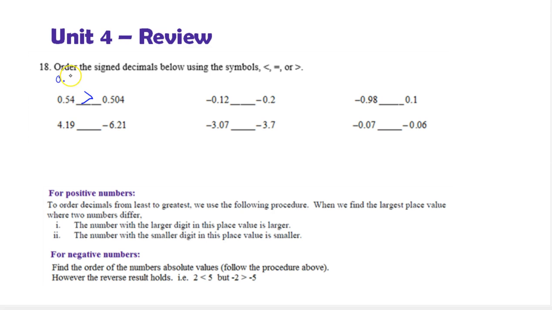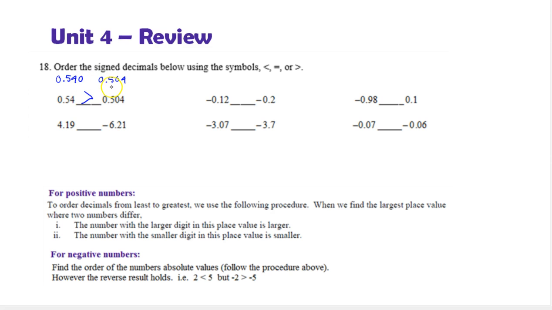Okay, and just to show you, you may think, well, 54 is smaller than 504. If we wrote them with the same number of decimal places, then we could compare them. This is 540 thousandths, this is 504 thousandths. So that's another strategy you can use.